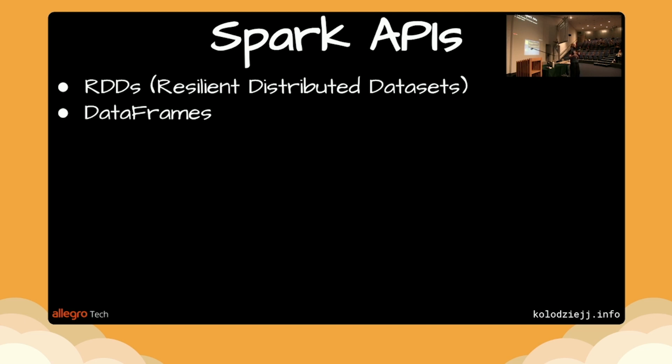There is a data frames API, which I used on the previous slides to demonstrate the data frame. This is a higher level concept above the RDDs, and it contains quite a few options to do the actual data processing.